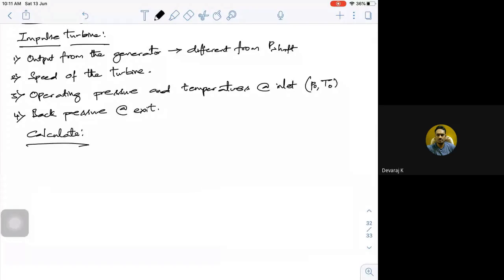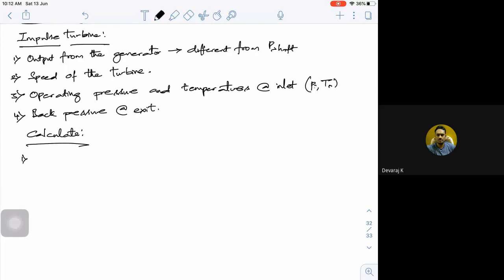What are those actually? If I know the pressures, that is the pressure entry to the turbine and the pressure exit of the turbine, you can call that P0, P1, or if you want, you can go with P1, P2, doesn't matter.